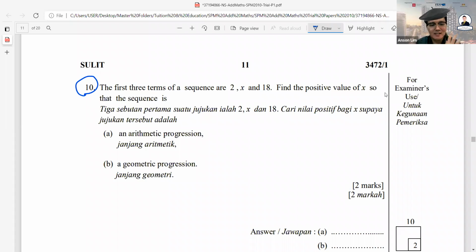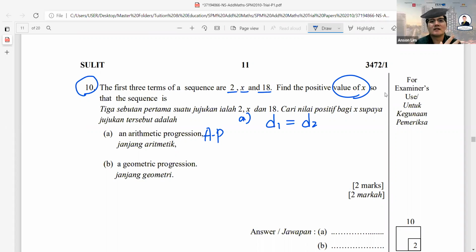The first 3 terms of the sequence are 2, x, and 18. Find the positive value of x if it is AP. In order to answer this question, AP means you have a common difference. D1 equals D2.